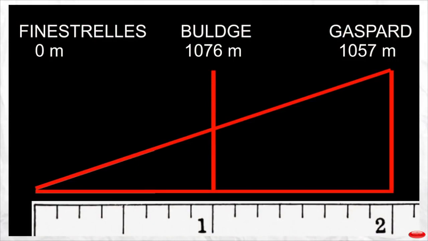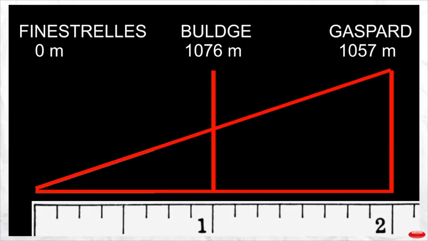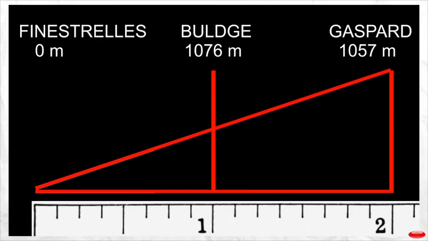Remember, the bulge is higher than Mount Gaspard, and we aren't just seeing the peak of the mountain. We are seeing 73 meters down the peak. So the light has to travel up and over the bulge and then back down to the observer at peak Fenestrelle. And the light arrives to the observer in a coherent, recognizable fashion.